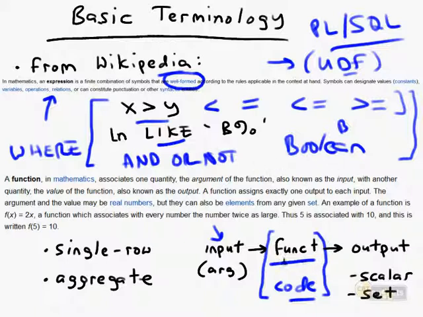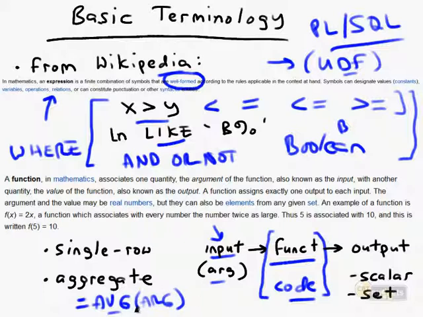Now, functions in most cases, but not all cases, require some kind of input or argument with which to do that work. For instance, you've probably used Microsoft Excel, right? Part of the Microsoft Office suite. Let's take a look at some of their functions just as an example. You might have used the average function in Excel, and the way you would write that function in that application is that you'd use equals, the name of the function, and then in parentheses, you'd pass in one or more arguments that tell Excel what you're averaging.